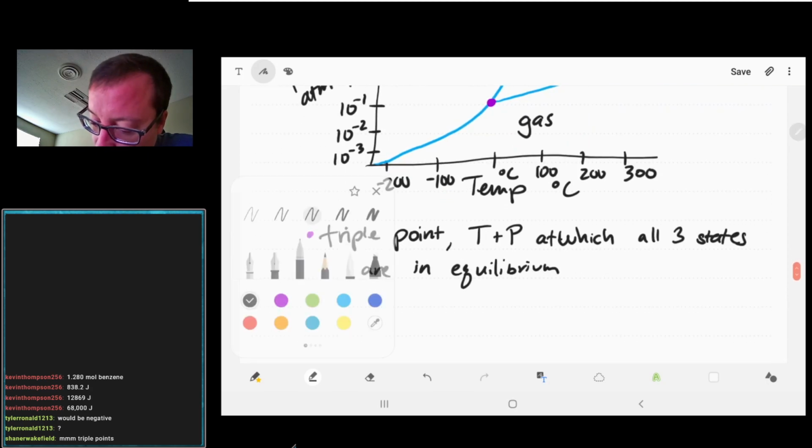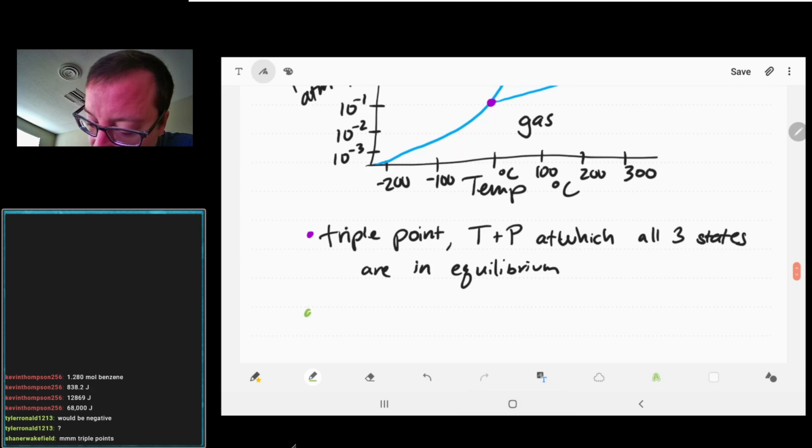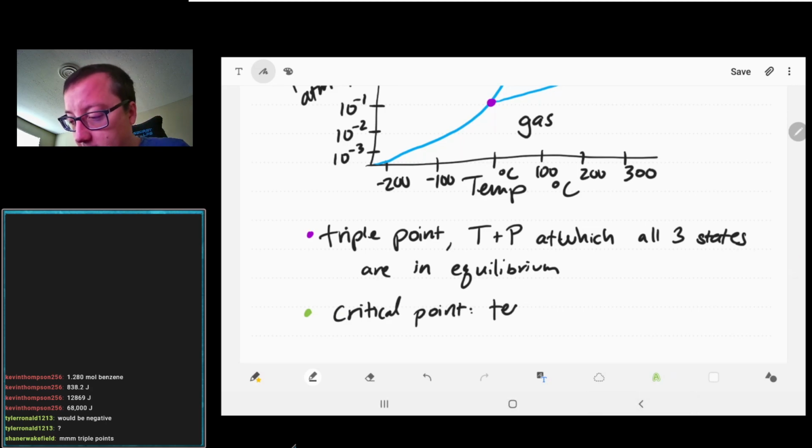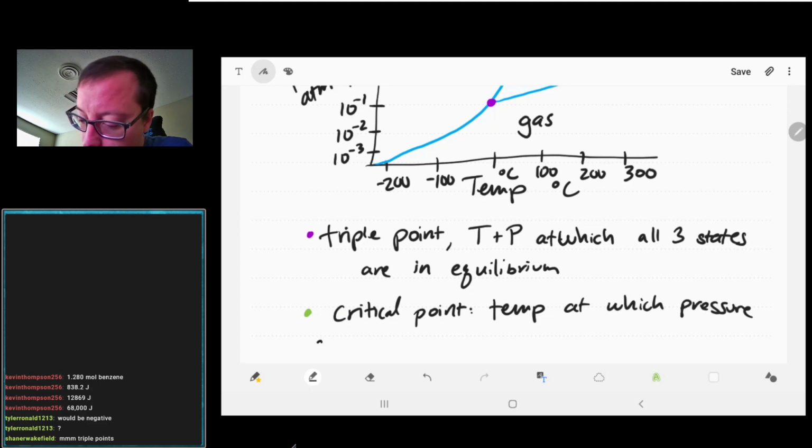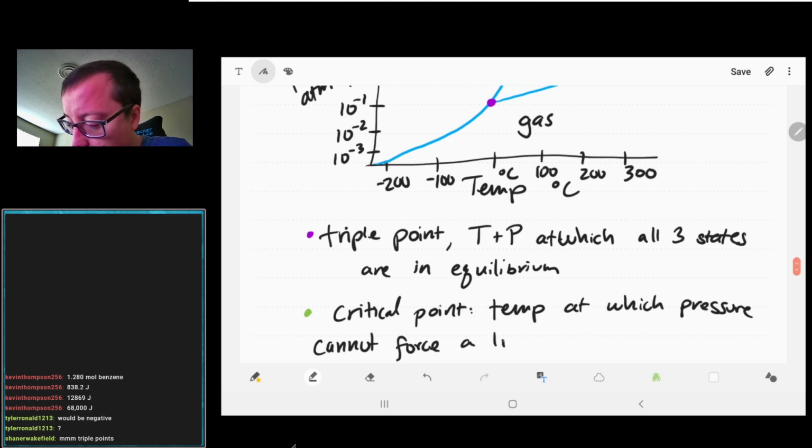What's particularly perhaps more interesting is the critical point. Typically, this is the temperature at which pressure cannot force a liquid to form.